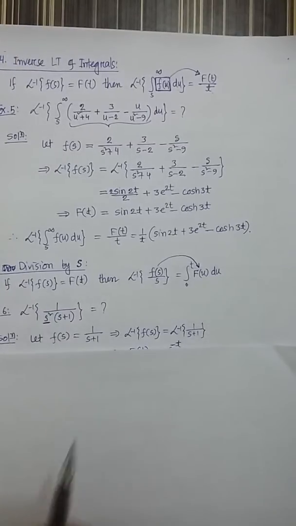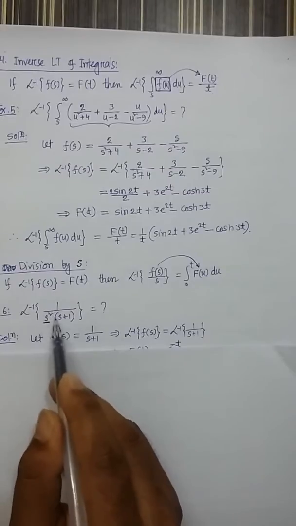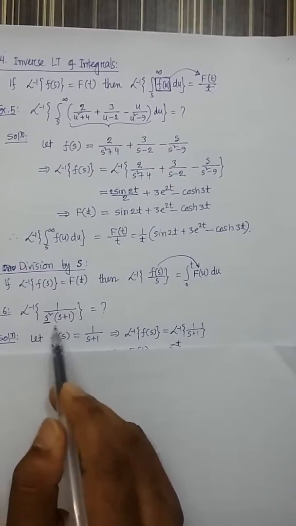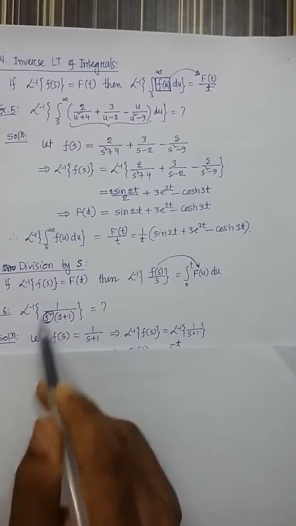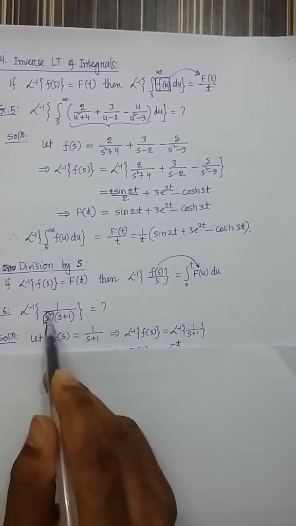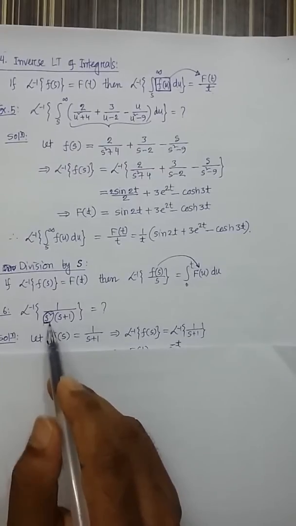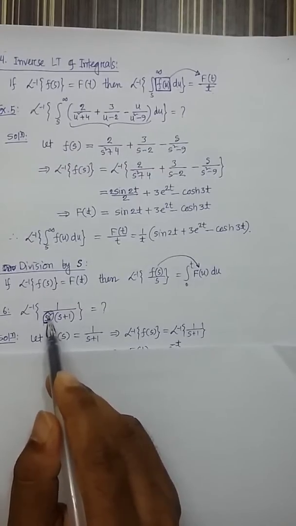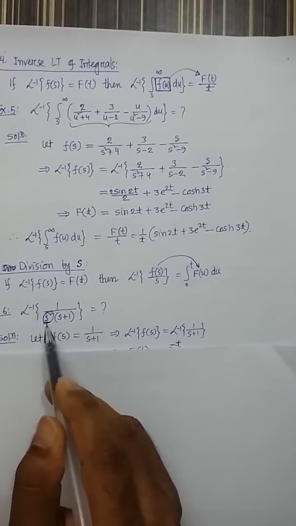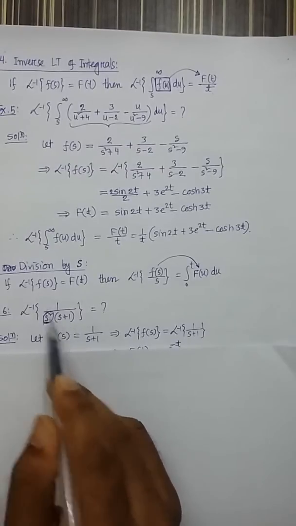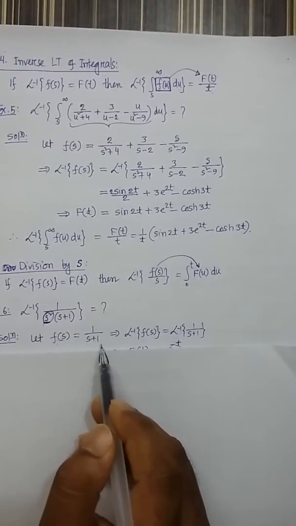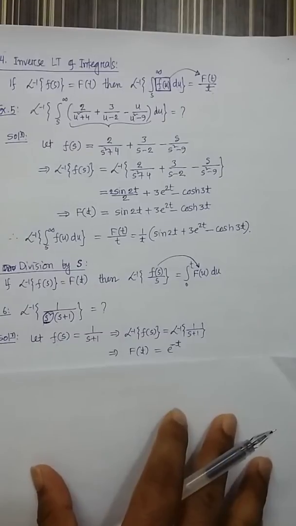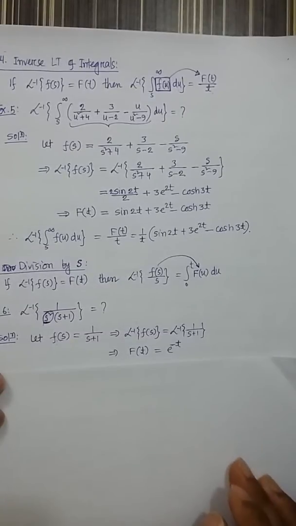Now see, we are sure that the inverse transform is in the form of division by s, so we will have to take f of s as everything except the term containing s, the free s. So here f of s is 1 by s plus 1, and accordingly its inverse transform is e to the power minus t, that is our f of t.